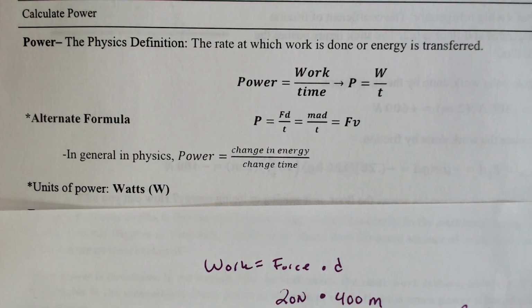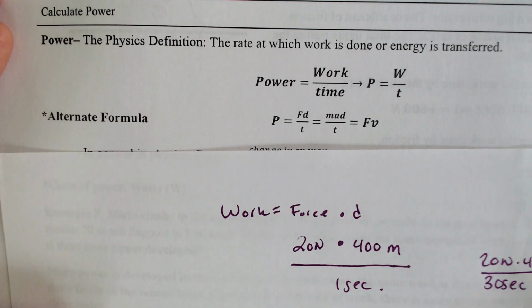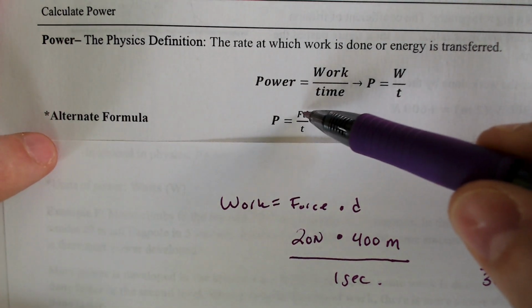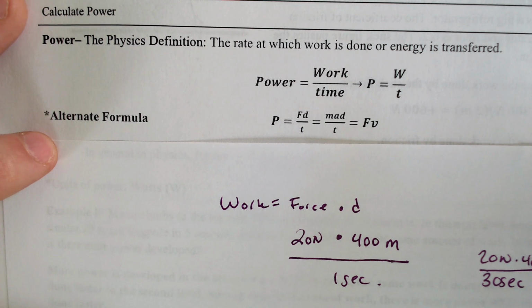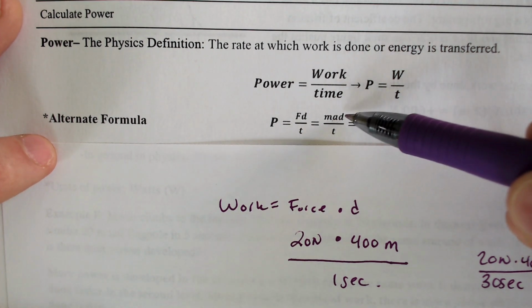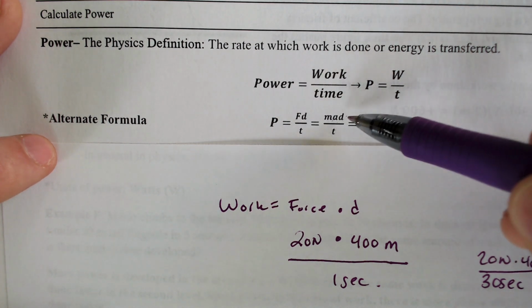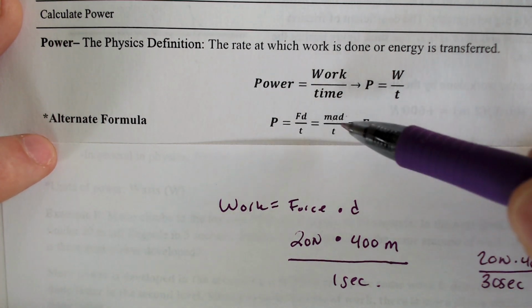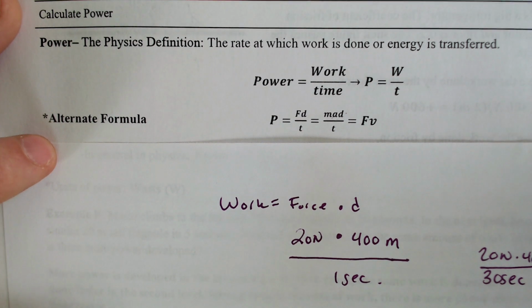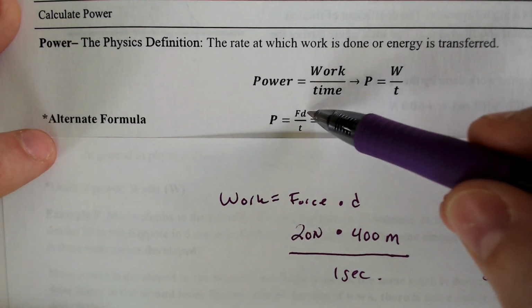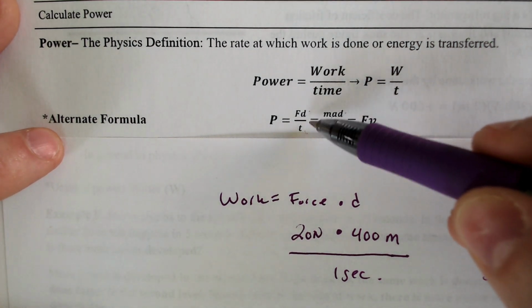All right, so an alternate formula is, remember that work is equal to force times distance, which is mass times acceleration times distance, and then we'd still be dividing by time. Now remember, what is distance over time?